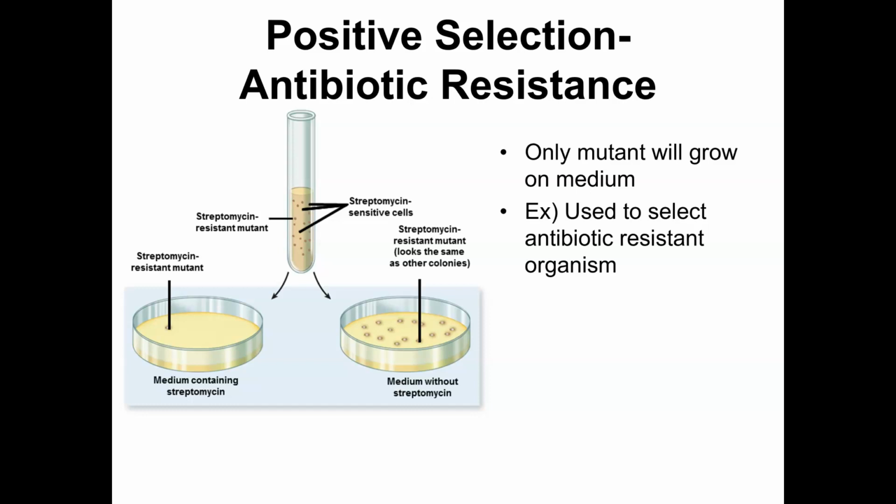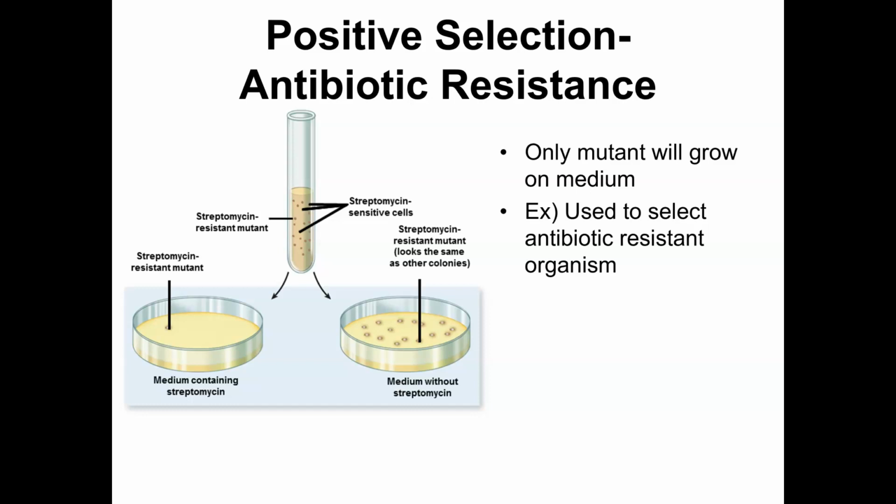All right, so positive selection. The classic example here is identifying antibiotic-resistant mutants. So say you have a culture of bacteria that's not normally resistant to, say, streptomycin. But you suspect that in this culture you have some mutants that are all of a sudden resistant to that antibiotic. How do you identify them?